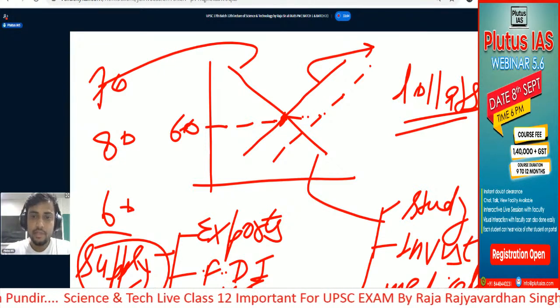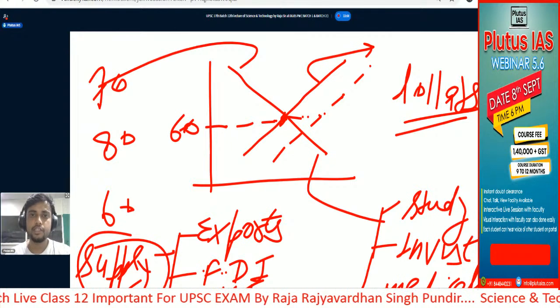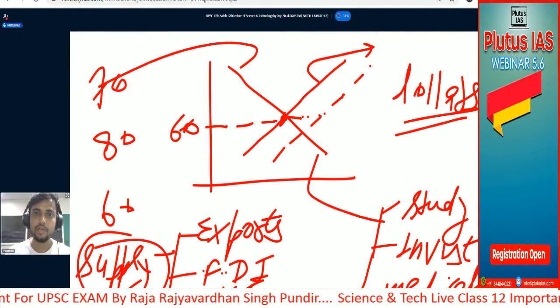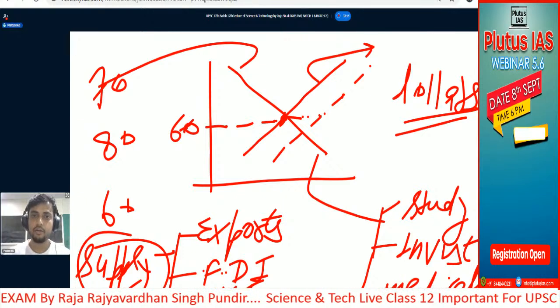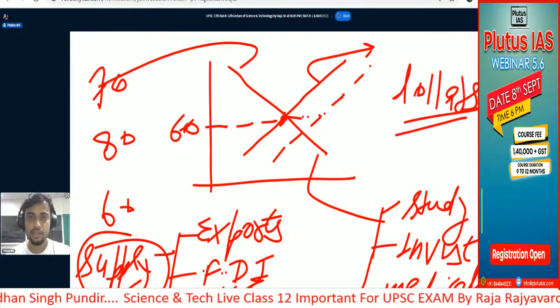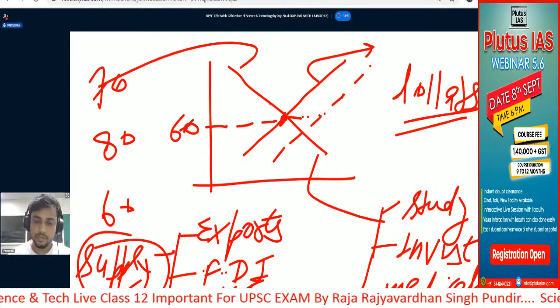See, whenever the supply will increase, the supply curve will shift rightward. And in a similar way, whenever the demand will increase, the demand curve moves rightwards. Okay, when the supply increases, the supply curve moves rightwards. See this?